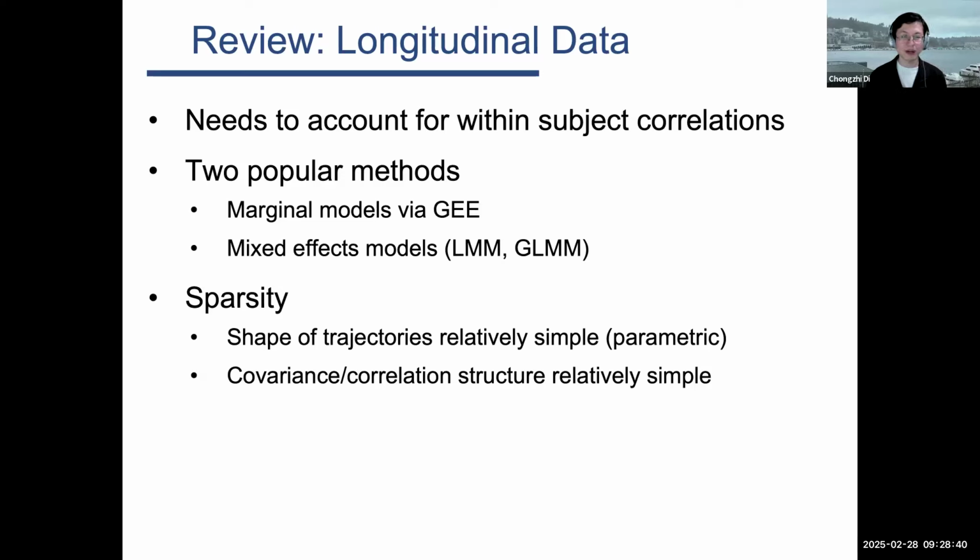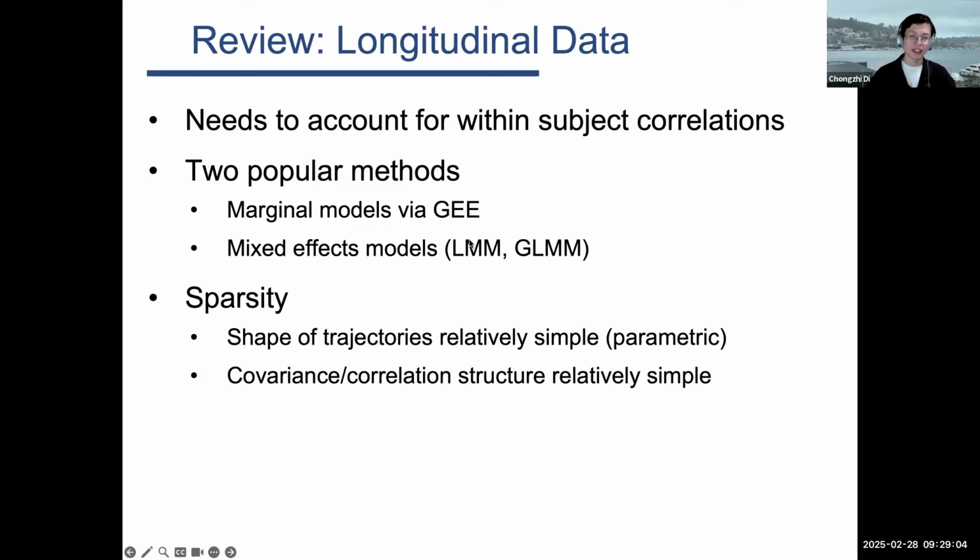And there are two popular techniques for doing that. One is using so-called GEE type of methods, where you assume some sort of a working correlation structure, so you can estimate all the parameters and make inferences.